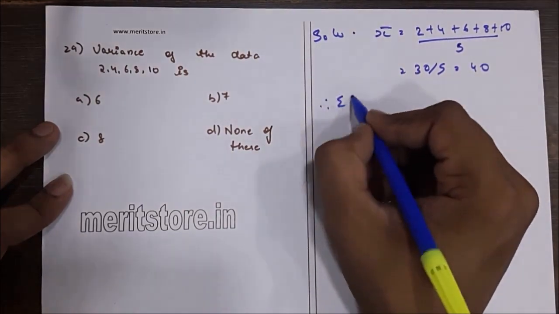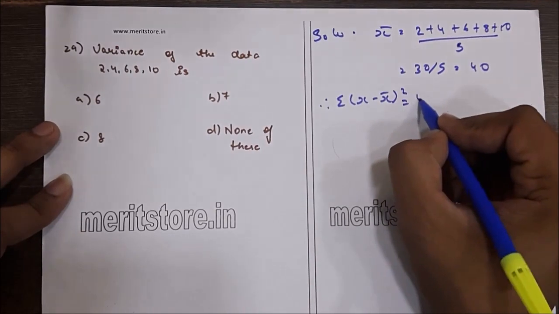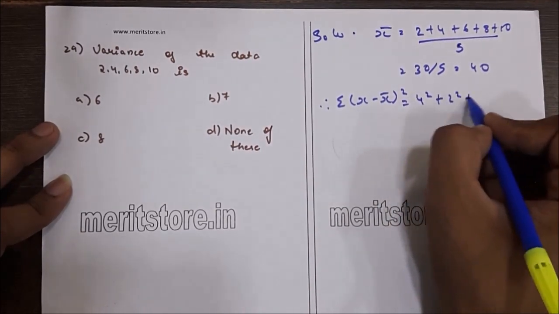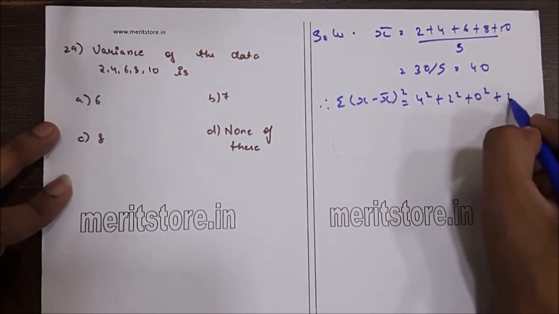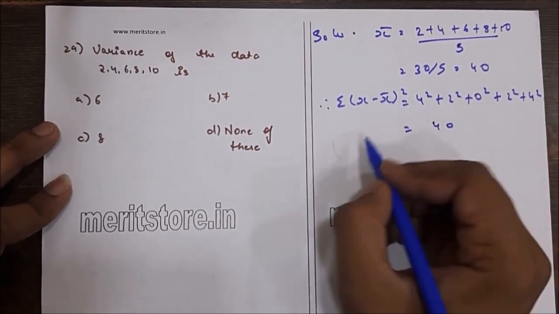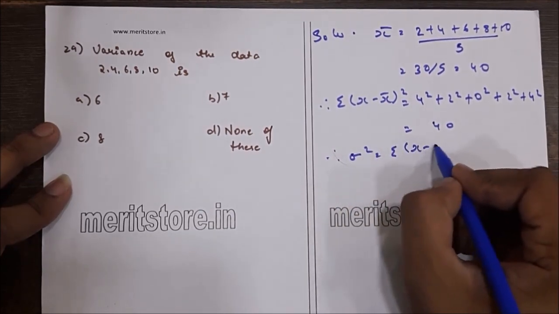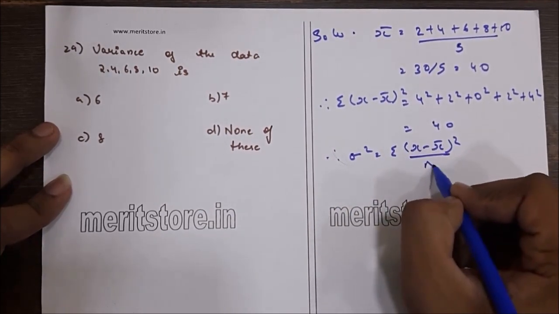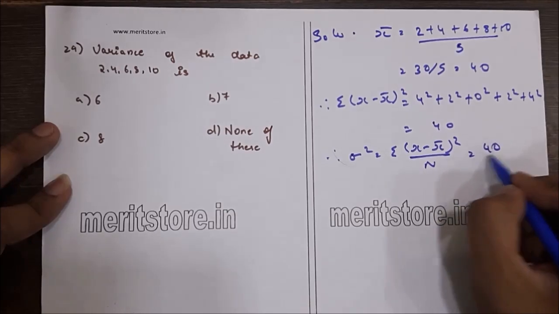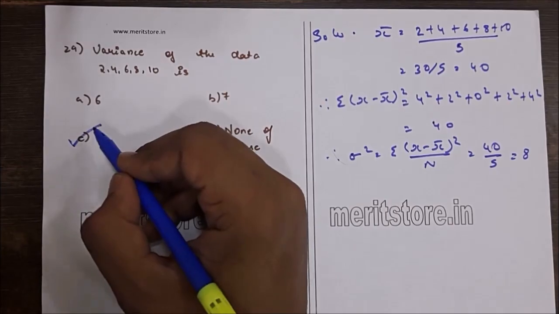Therefore summation of x minus x bar the whole square is equal to 4 square plus 2 square plus 0 square plus 2 square plus 4 square is equal to 40. Therefore sigma square is equal to summation of x minus x bar the whole square upon n is equal to 40 by 5 equal to 8. Therefore option C is correct.